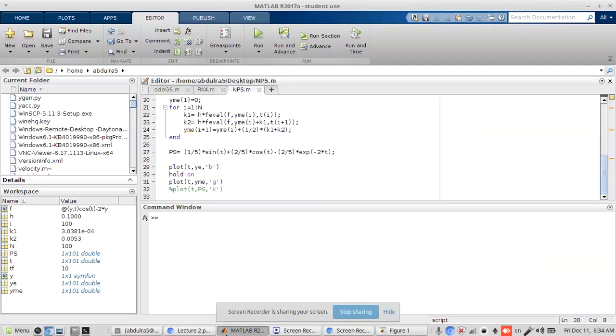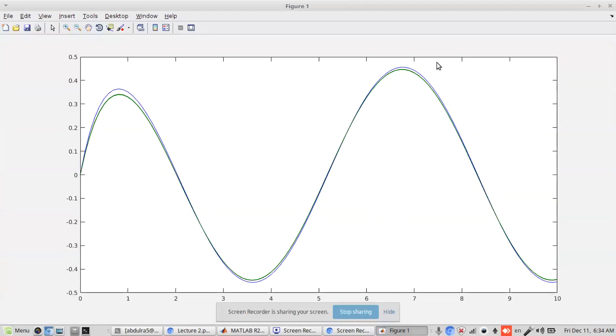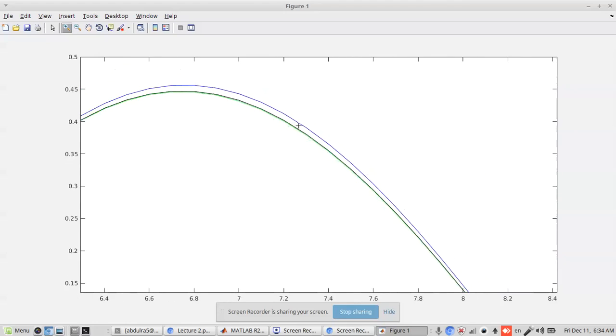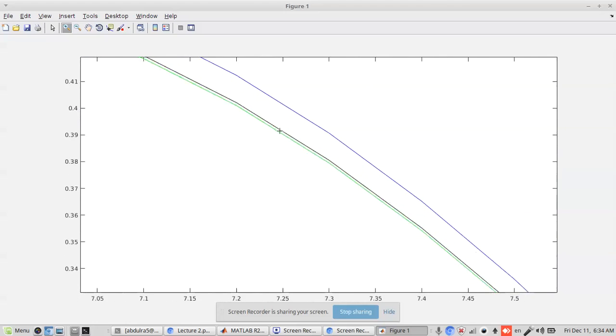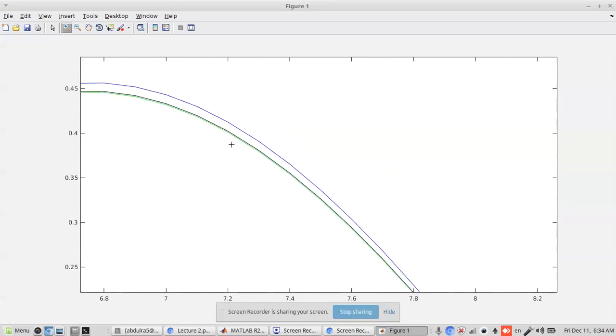With respect to the exact solution, which one is better? So let's see. All right. It seems the modified Euler method is closer to the exact solution than the blue one, the solution by the Euler method. So now we see that the modified Euler method gives a more accurate solution.